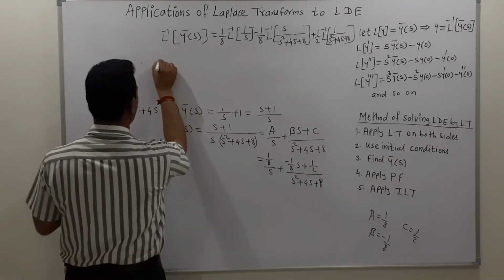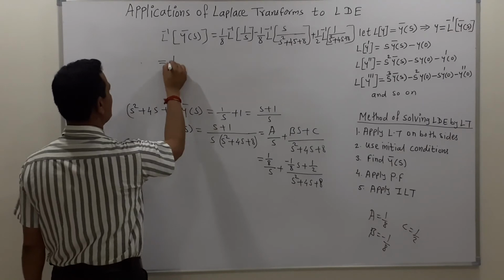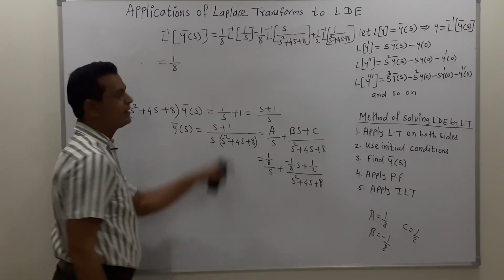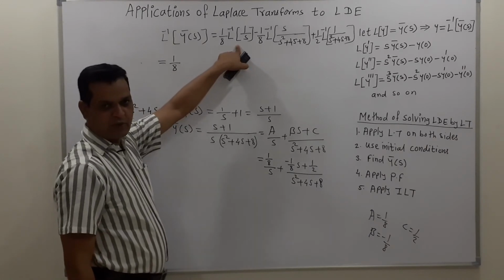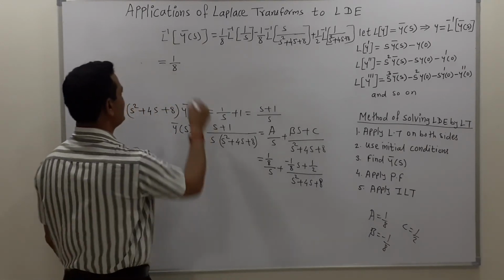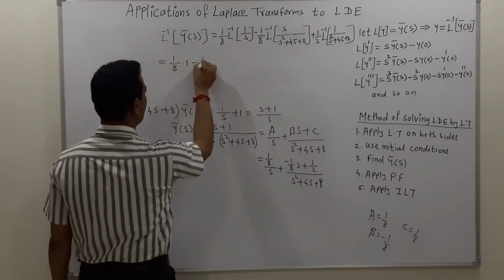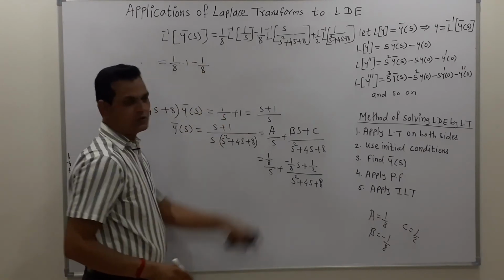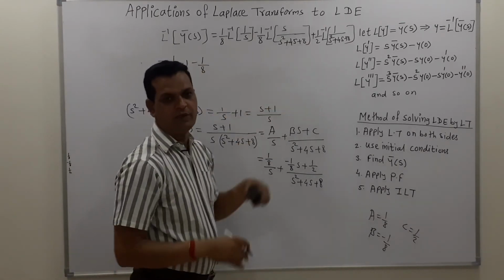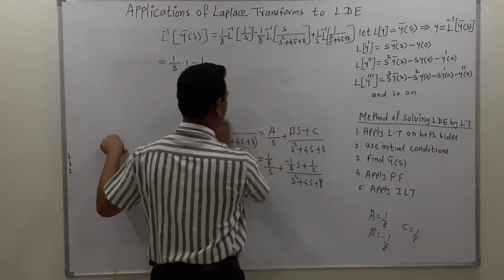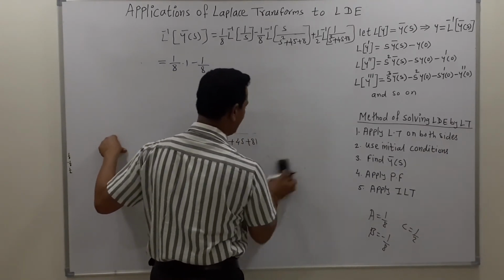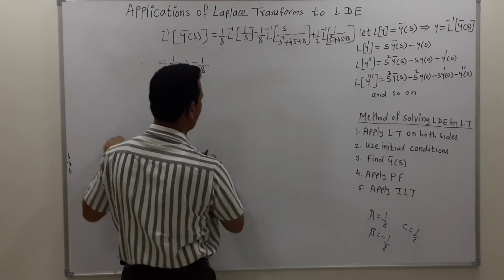Now friends, once again simplify this. So this is 1 upon 8, then inverse Laplace transformation of 1 upon s means this is 1, minus 1 upon 8. So this equation is not in our standard form. So let's first convert this equation in terms of standard form and then apply the result for the inverse Laplace transformation.